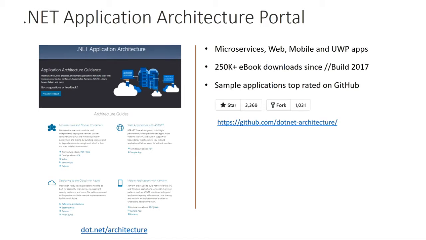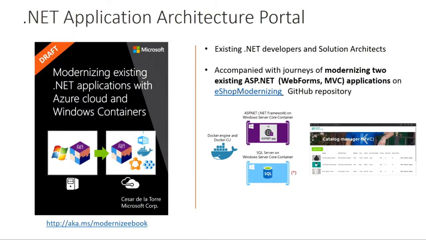Yeah, so we are very excited. Today we are announcing something new about the .NET architecture side. We've been working on guidance on precisely the subject of this session, which is modernizing or migrating existing .NET applications with Windows Containers and to Azure.